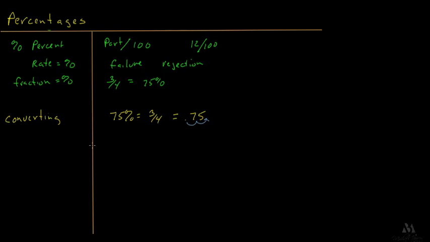If we have, I'll just say 0.50, we will have to move the decimal point 2 places, right? If we do that, we end up with 50, and that is 50%.